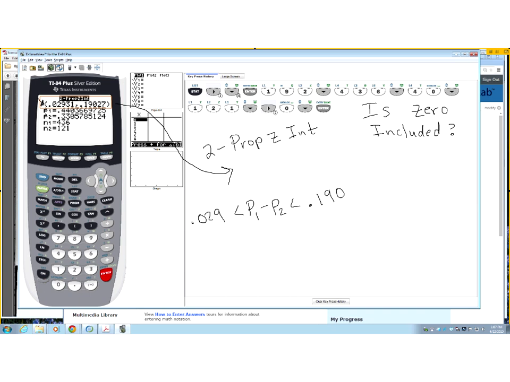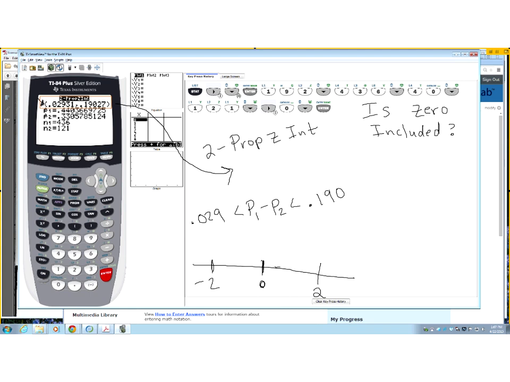If you remember your number line, there's no way that's going to happen. If you go from a positive number to a positive number, there's no way 0 can be in there. Just remember the number line: 0 is in the middle, your negative numbers are to the left, your positive numbers are to the right.